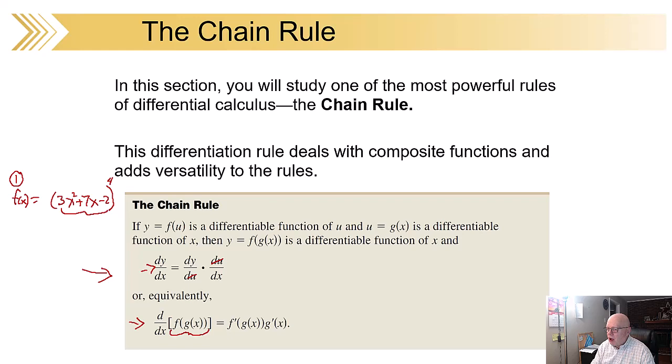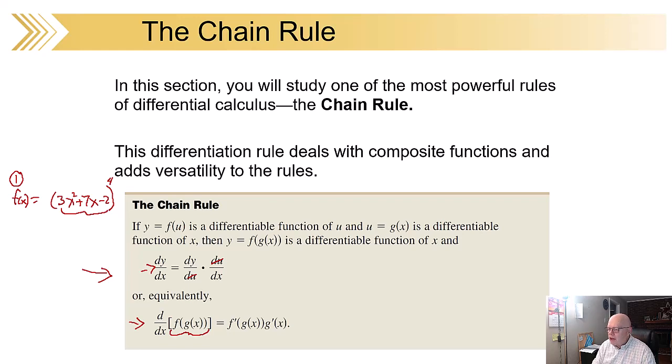You've got a big function, or the function that works overall, because if you were evaluating this, you'd have to find out what 3x squared plus 7x minus 2 was for a particular x. And then you would take the fourth power. Well, that fourth power is the outside function, and inside the parentheses is the inside function.